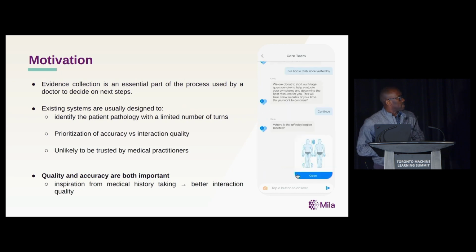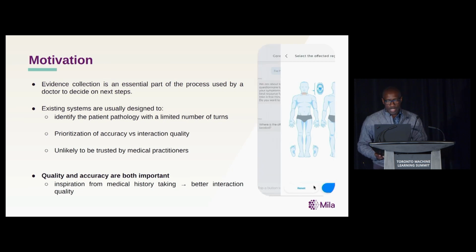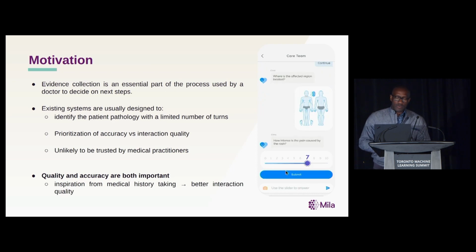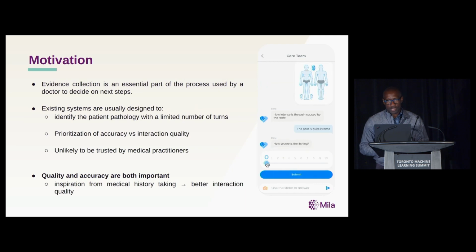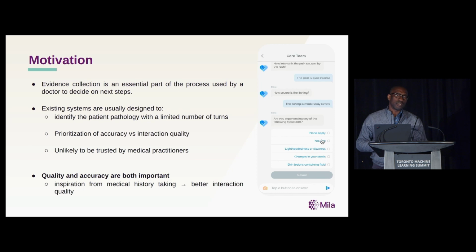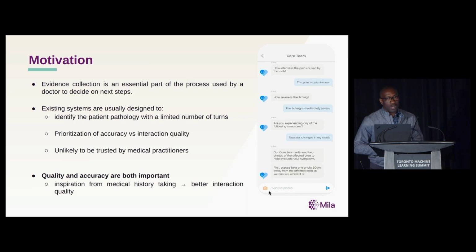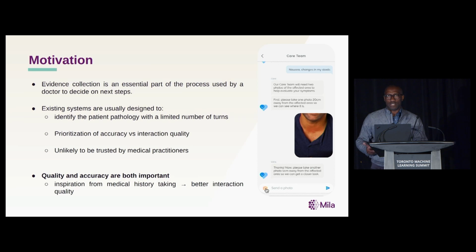So our question is, how do we improve the quality of the interaction? The answer we provide is to get inspiration from medical history taking. Basically, the intuition is that if those systems, while interacting with the patient, could exhibit behavior similar to the way a doctor would, then it is likely that the doctor will trust those systems.